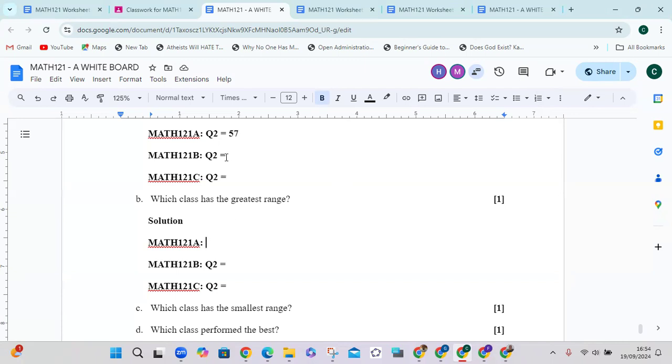Median is more popular, so the symbol for median is Q2 or capital M. But for range, you may have to write the word range, because capital R is the symbol for a descriptive measure we're going to come across in worksheet B. So we cannot use capital R for range. For now, just write the word range. You may not have to write it often, so that's okay.